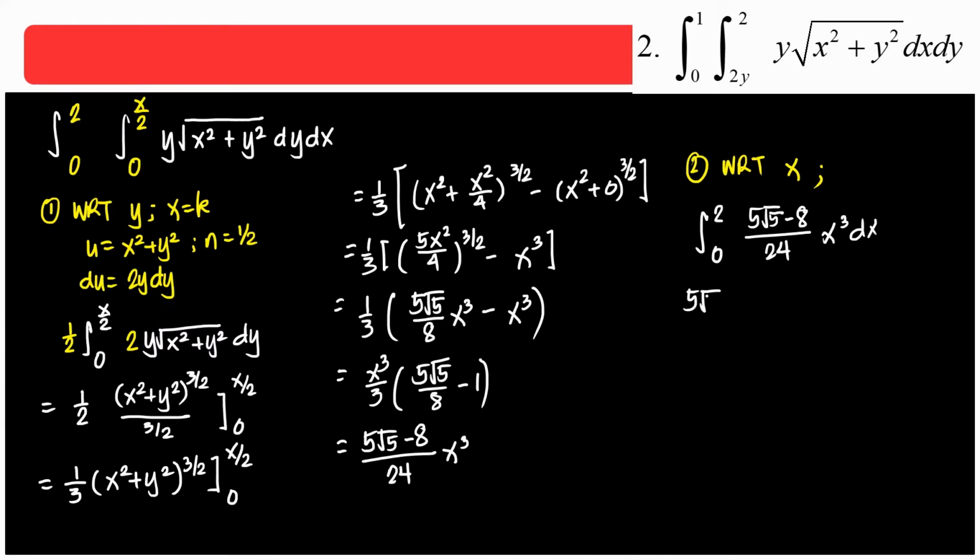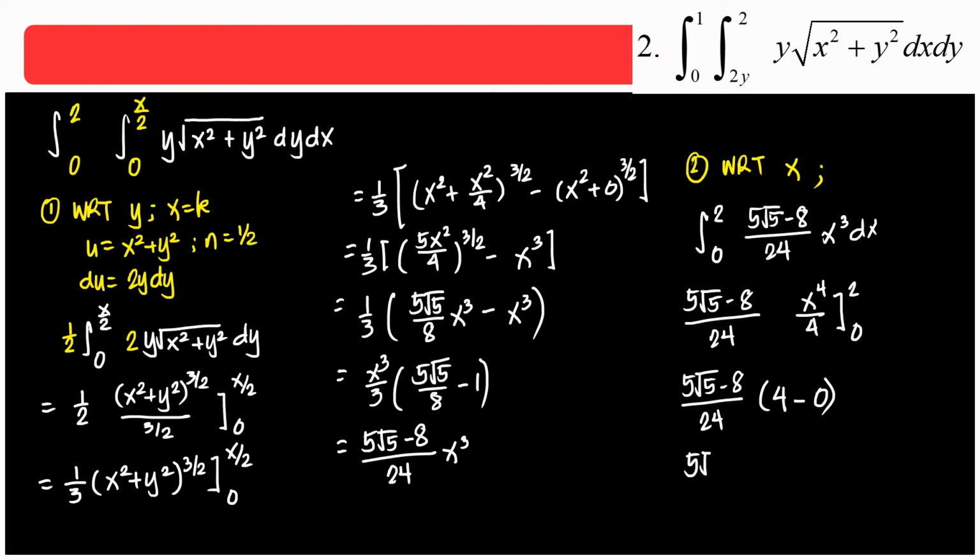We can bring out the constants. x cubed, when you integrate that, that's going to be x to the 4 over 4 coming from 0 to 2. So 5 root 5 minus 8 over 24 times x to the 4 over 4, 16 over 4 is 4, minus 0. So 5 root 5 minus 8 all over 6. This is your final answer.